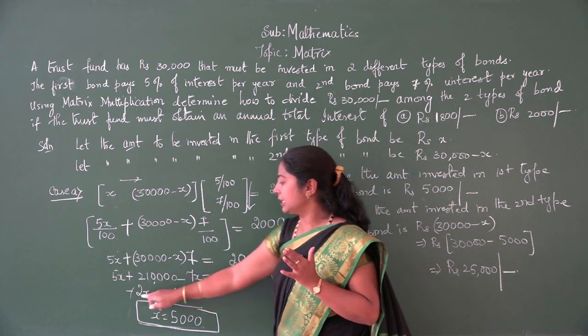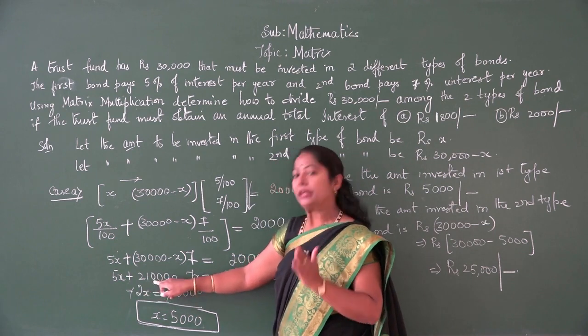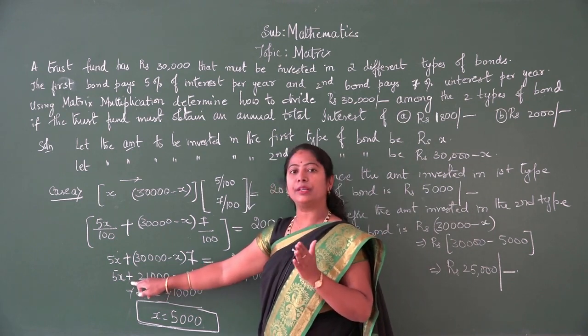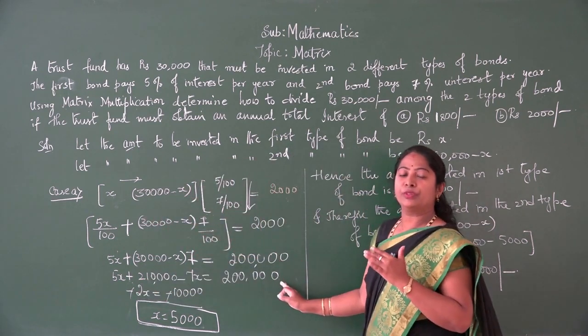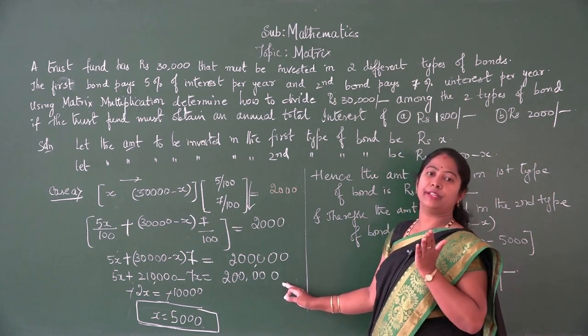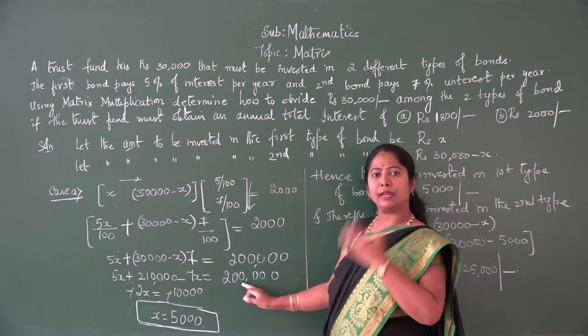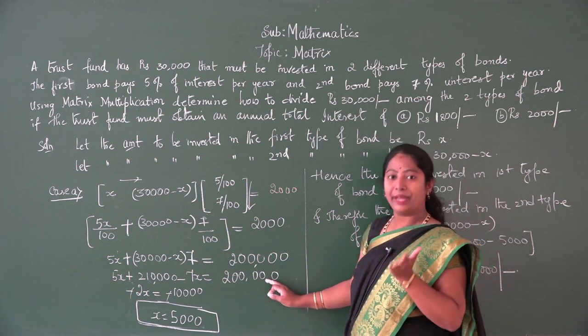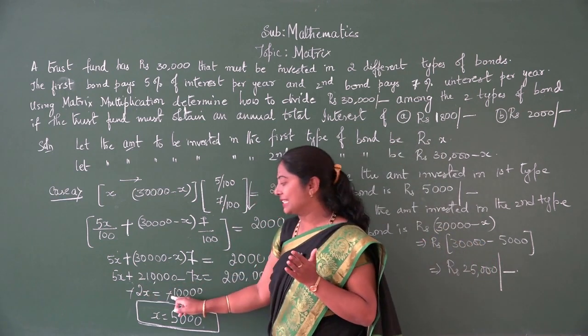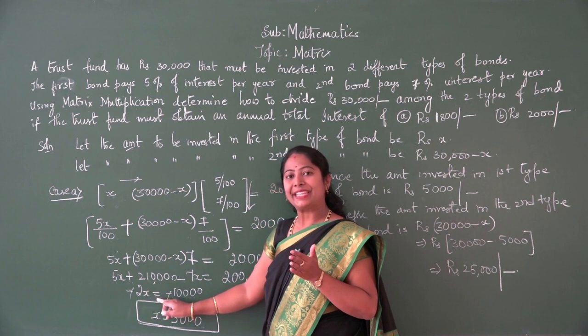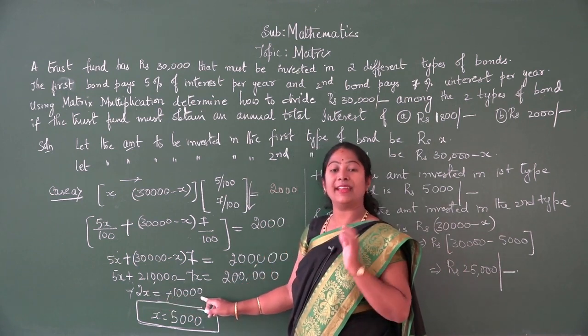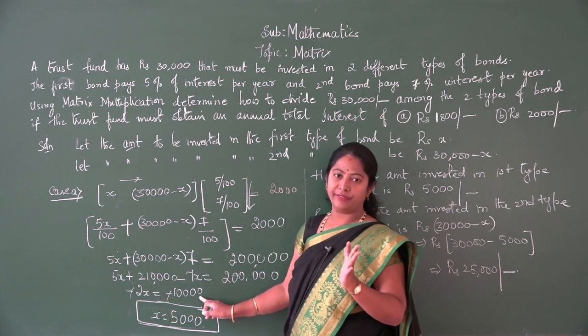5x minus 7x is minus 2x, 210,000, that is plus 210,000. Move to the RHS, it becomes minus 210,000. So 200,000 minus 210,000 will be minus 10,000. Minus and minus get cancelled. 2x equal to 10,000, and what does x equal to? 5,000.